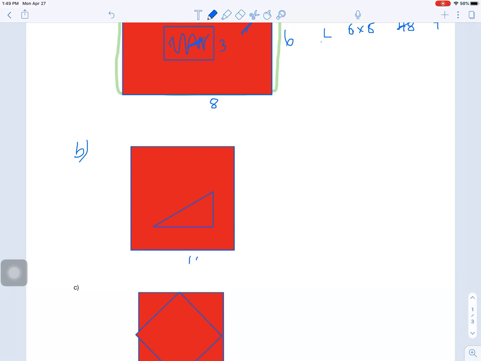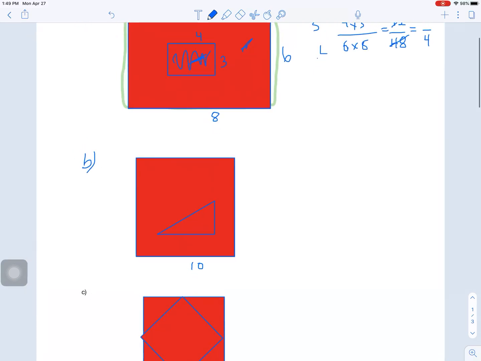So here are the numbers that we have. We have 10 on the bottom, 10 on the side, and then we have 8 over here for the triangle and 6 over here. So we know that we can put the triangle here and we can put the square over here. So the triangle will be 6 times 8 divided by 2 over 10 times 10, which would be the square, right?